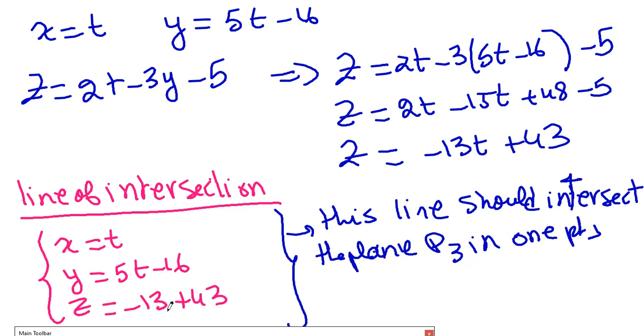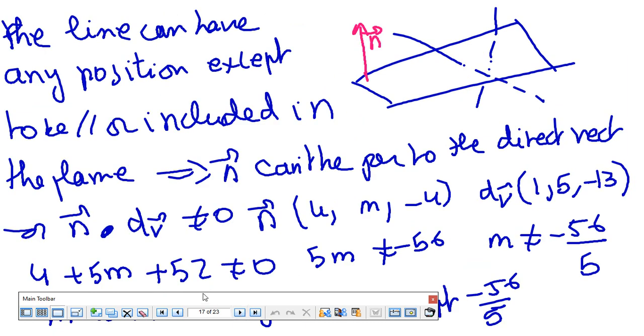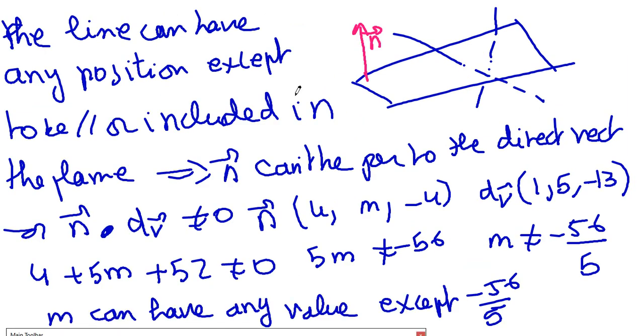Now this line should intersect the plane P3 in one point. How is this line going to intersect the plane P3 in one point? The line can have any position except what? To be parallel or included in the plane, because the line should cut the plane in one point.